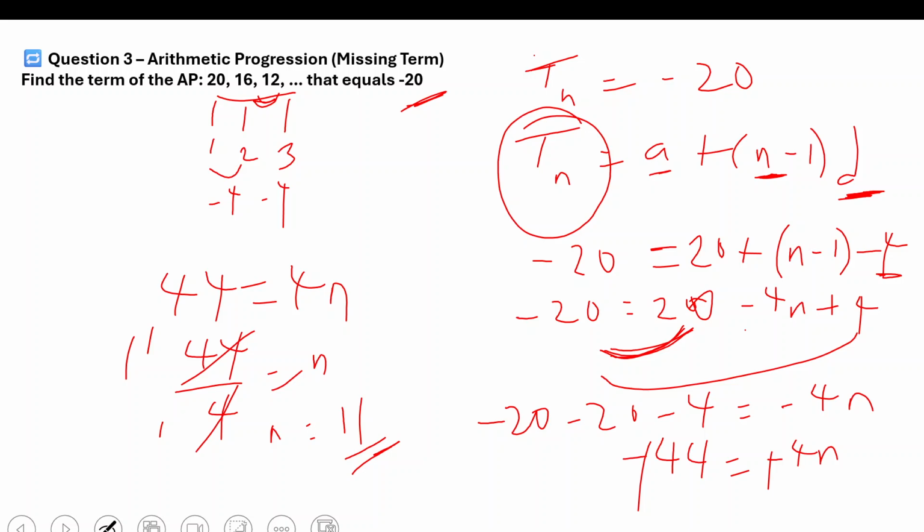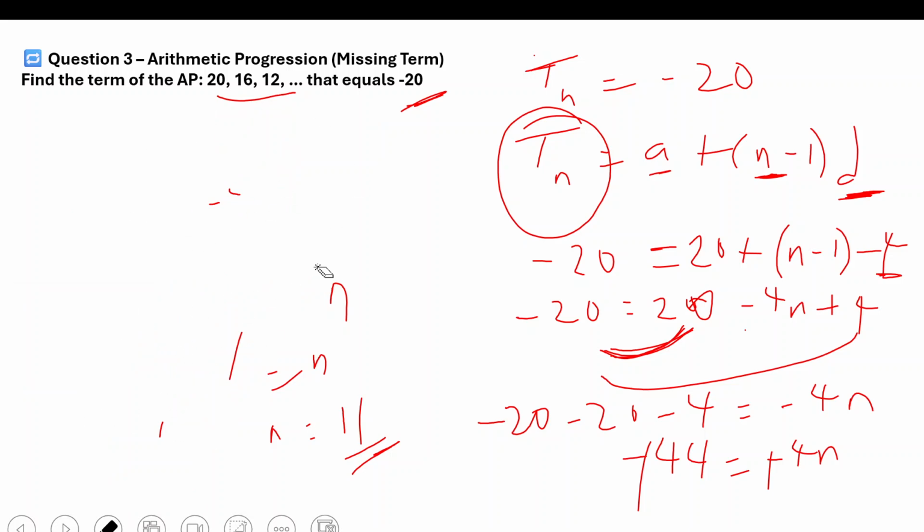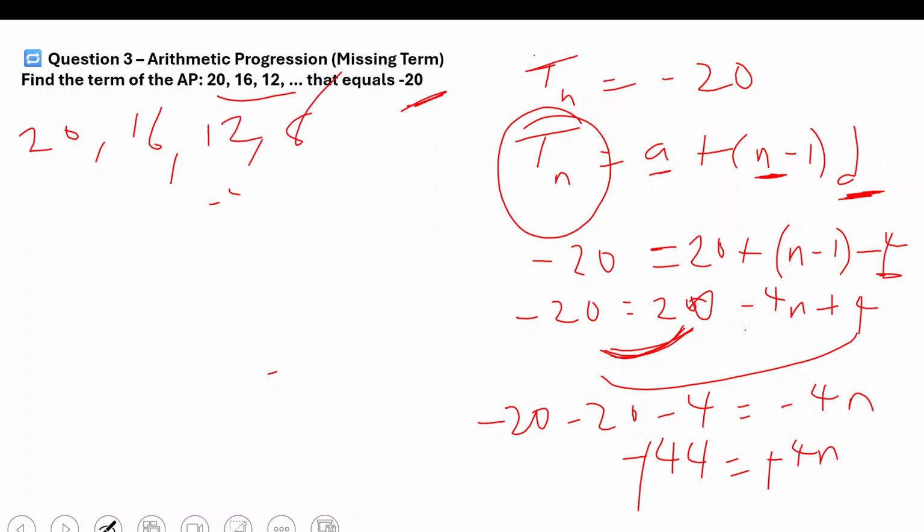If we continue this sequence, from 20 to 16, 12, the next one is 8, the next one is 4, the next one is 0, minus 4, minus 8, minus 12, minus 16, minus 20.